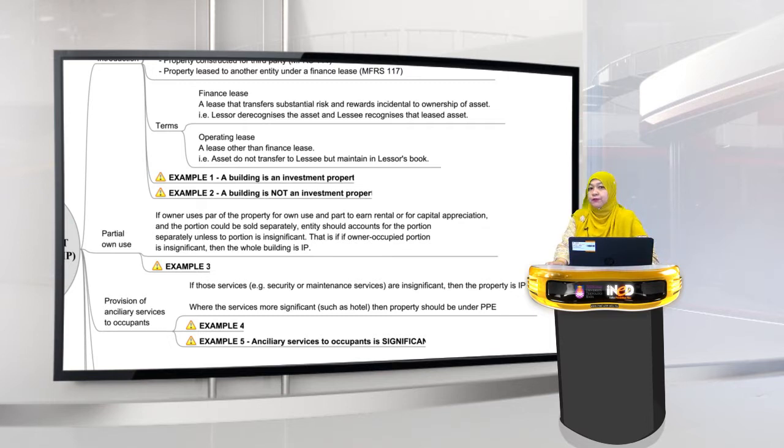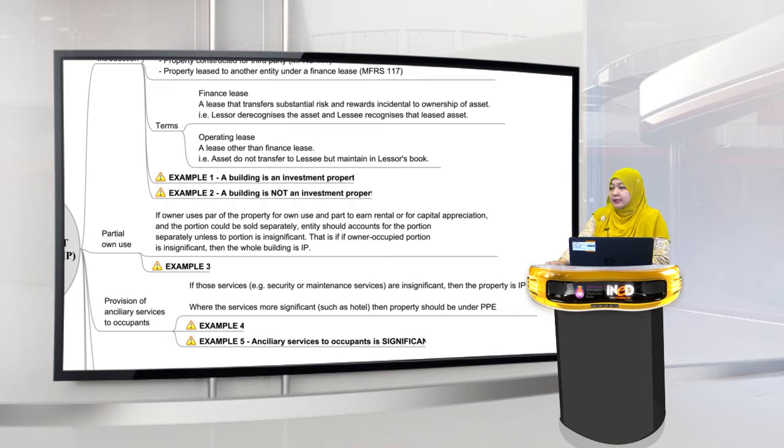Meaning that, for example, if we have a 5-floor building, we occupy the first floor and we either rent or sell part of the building, and the portion could be sold separately, then the entity should account for the portions separately, unless the owner-occupied portion is insignificant. Therefore, if the owner-occupied portion is insignificant, then the whole building should be classified under investment property.